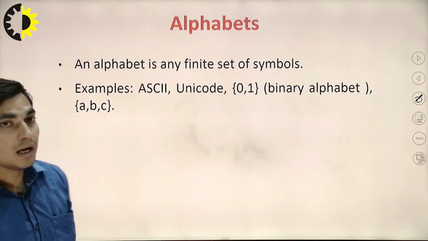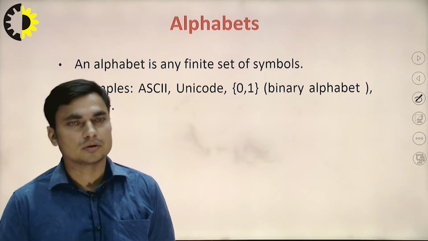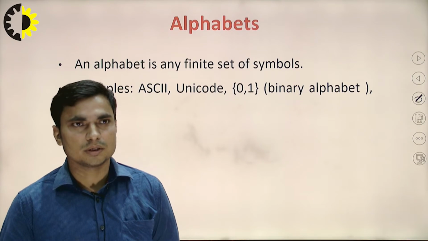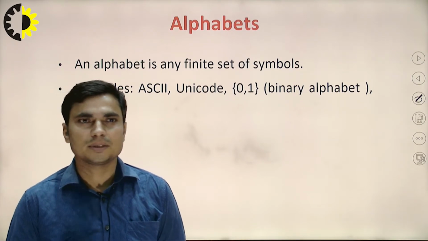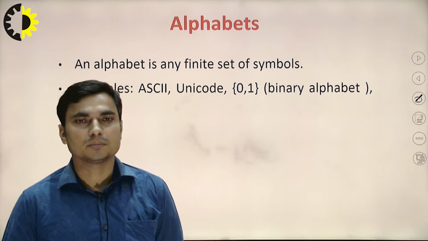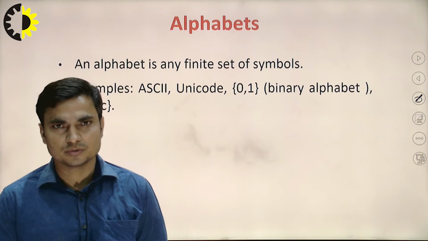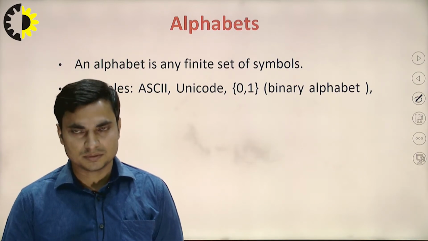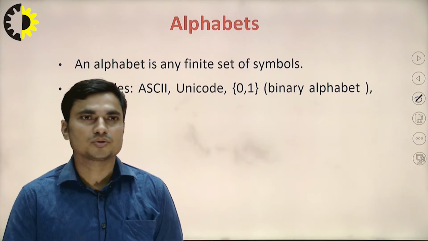Whenever we discuss languages or finite automata, there are some things we should know about, like the alphabets. An alphabet is any finite set of symbols. Every time we use a certain string, that string must be a collection of certain symbols, and those symbols belong to a certain set.